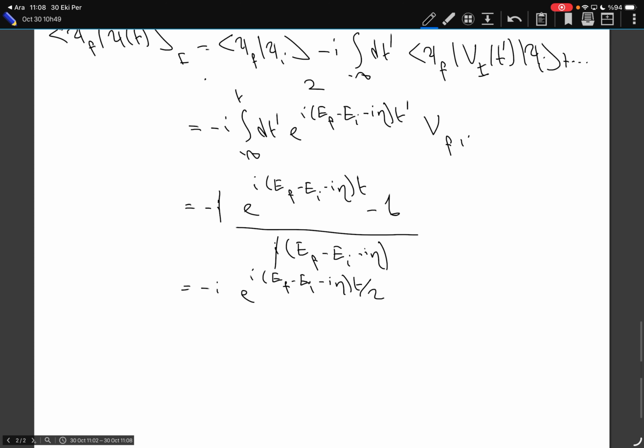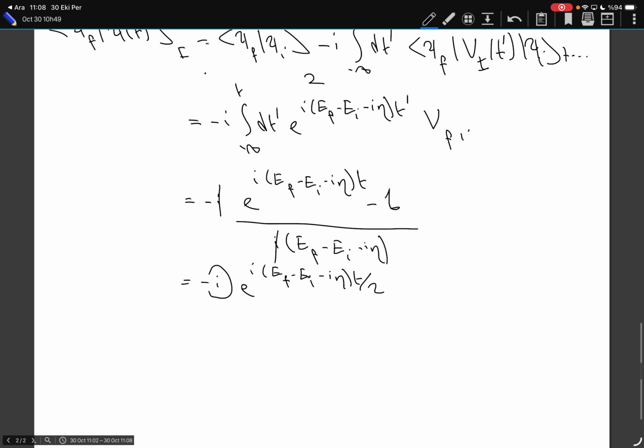Let me take out this factor. What will remain is just 2i sine of omega t over 2.